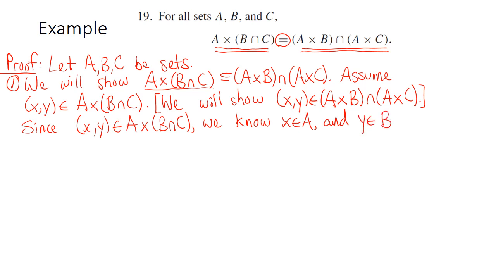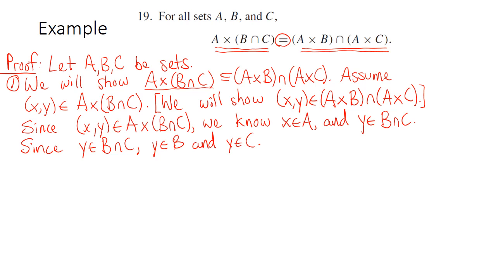So y has to be in B intersect C. And then based on that, because y is in an intersection, we know even further that y is in both B and C. Okay, so that's all the information we can extract from the assumption.